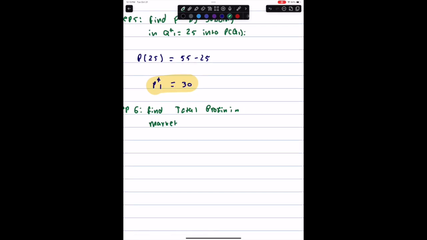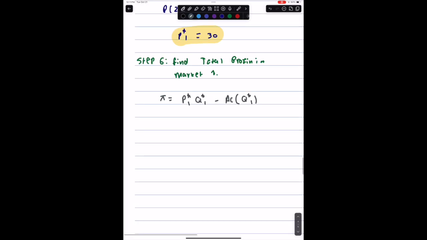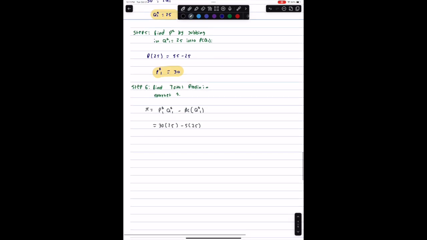Profit is equal to the price we sell at times however many units we sell, which is P star 1 times Q star 1, minus the average cost times however many Q units we sell. If we substitute values, this is going to be equal to 30 times 25 minus 5 times 25. We get the 5 from the average cost given in the question.